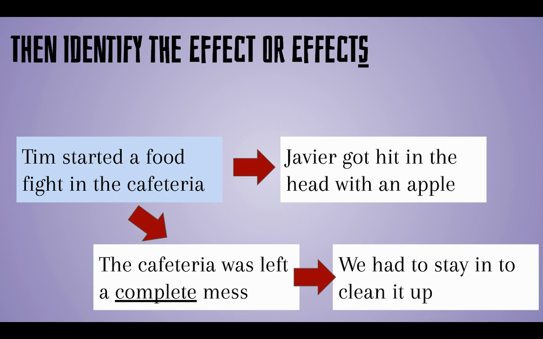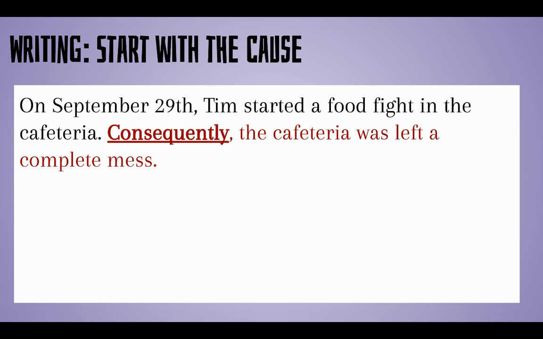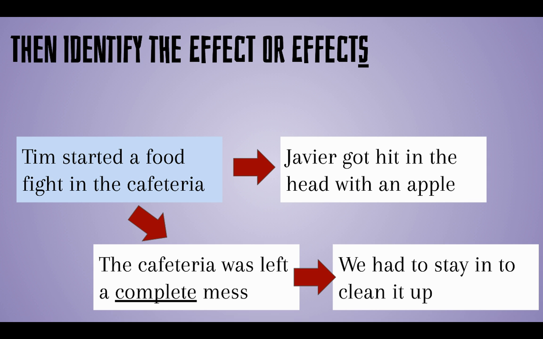However, you might remember that we had multiple effects, and I only have one of them in my paragraph so far. So what am I going to do next? Should I jump to Javier, who got hit in the head with an apple, or do I continue with the stream of effects that I'm already in? I'm going to continue with the stream of effects that I'm already in. So I'm going to go next to having to stay in for break to clean up the cafeteria.